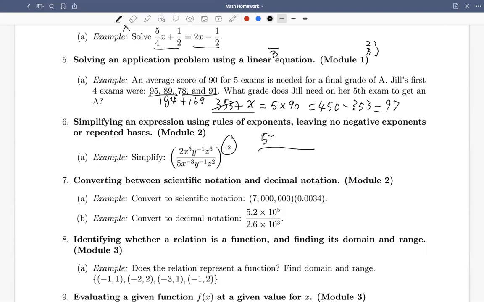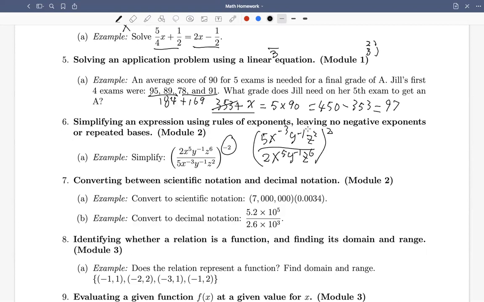So we have 5, x raised to -3, and y raised to -1, z squared. This one was the denominator before, but because I changed -2 to +2, it becomes the numerator. And the numerator before becomes the denominator. So I have 2x raised to 5, y raised to -1, and z raised to 6.